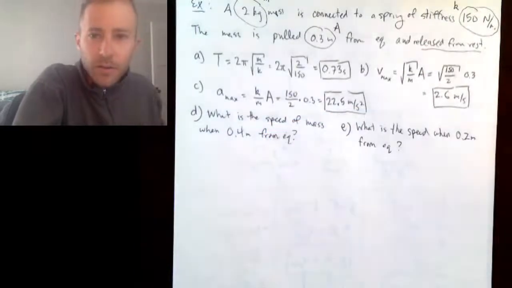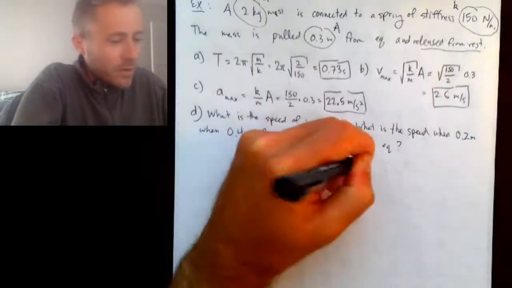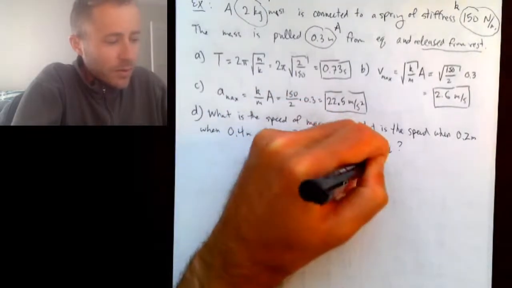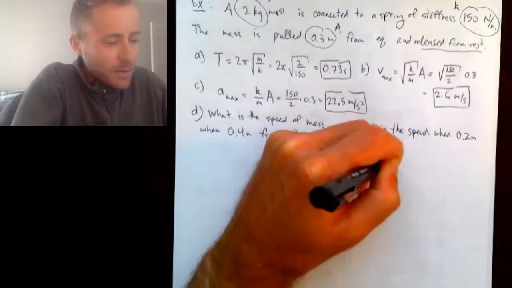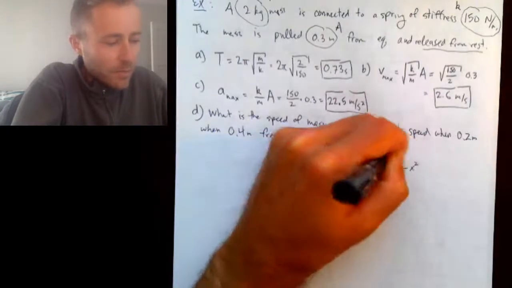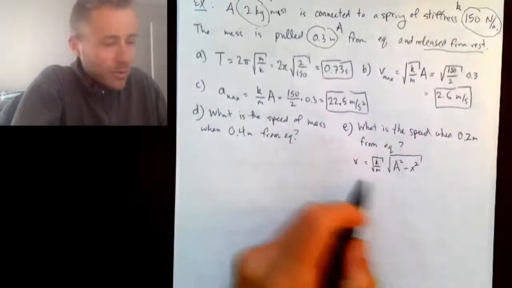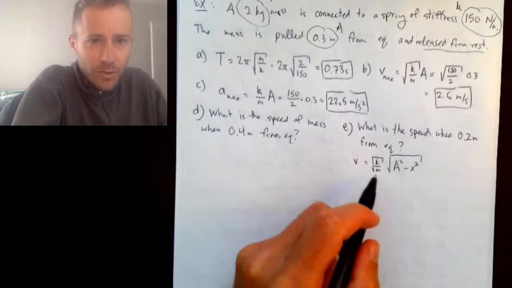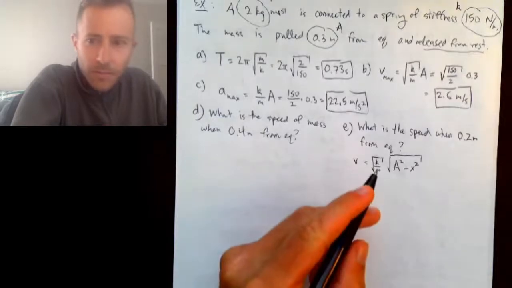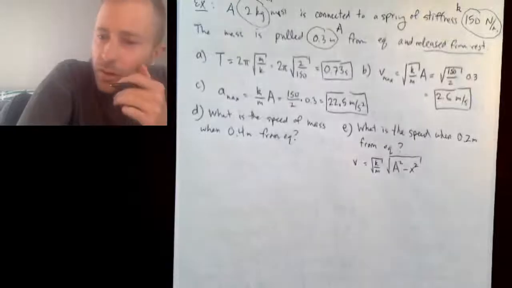All right. So for this question, I have v equals square root of k over m times square root of A squared minus x squared. I find this to be the most useful of the equations that we learned today. Oh, very good.